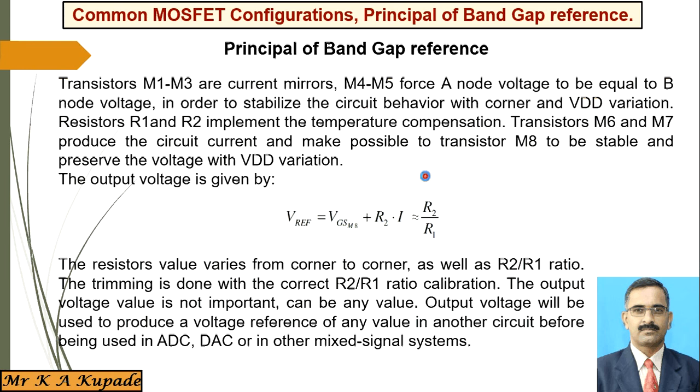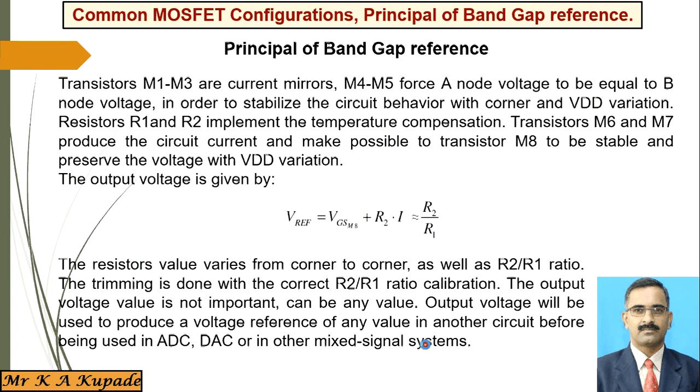R1 and R2 implement the temperature compensation. By considering the ratio of R1 and R2 and the trimming, that is the calibration of R1 and R2, the output V reference is used as the voltage reference for various analog conversion systems, that may be analog to digital conversion, digital to analog conversion or any mixed signal systems. So this is the important thing.